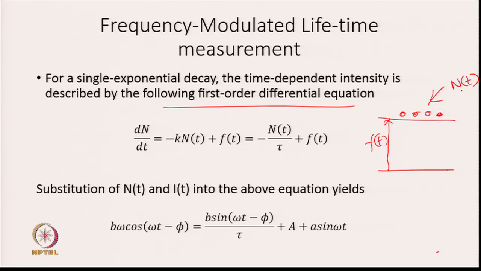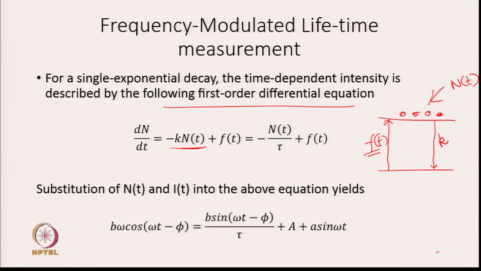So, if I am applying a pulse, Ft will increase the population of the excited state, and the population will decrease because of fluorescence, and the decrease in the population of the excited state is proportional to the number of fluorophores in the excited state, and so you have minus k into Nt.